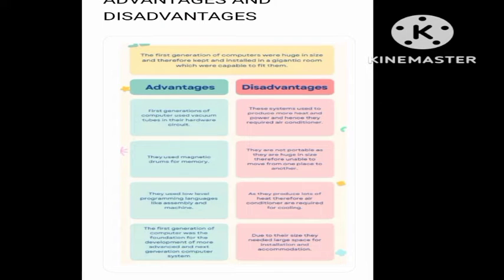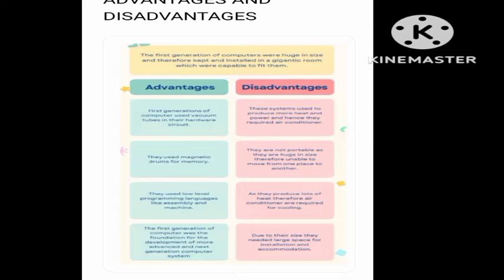Advantages and disadvantages of the first generation of computer. The first generation of computers were huge in size and therefore kept and installed in a gigantic room which was capable of fitting them. Advantages. The first generation of computer used vacuum tubes in the hardware circuit.